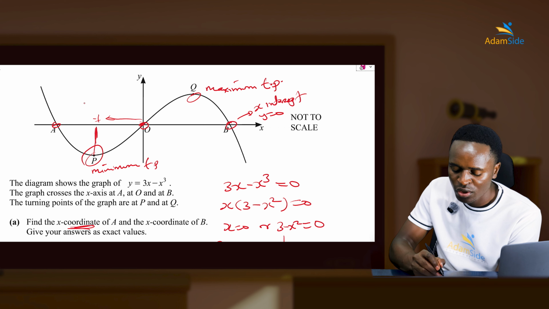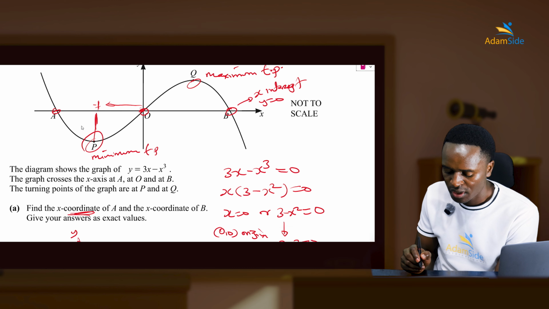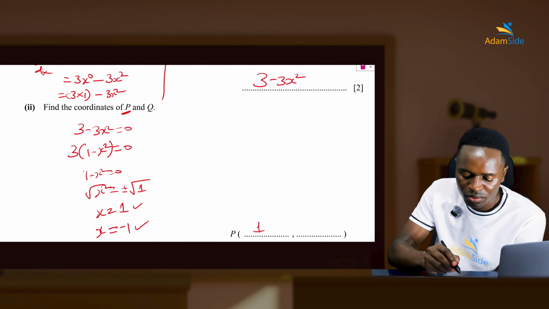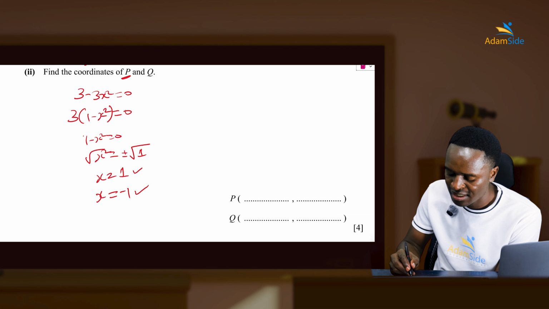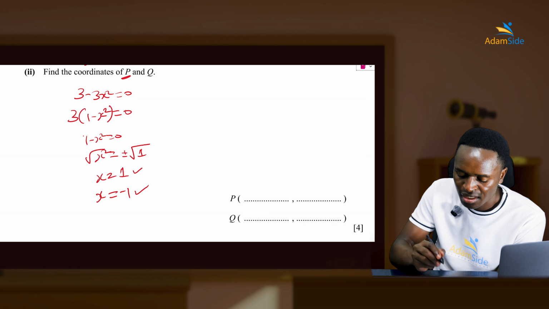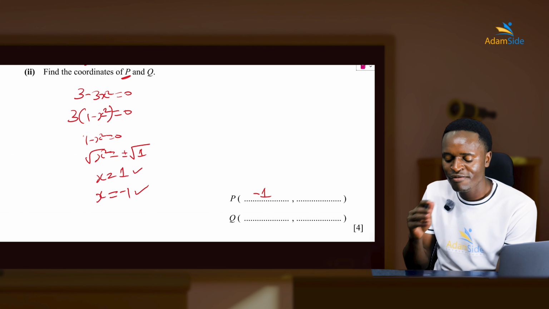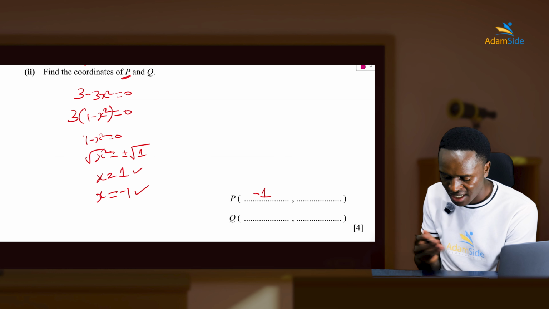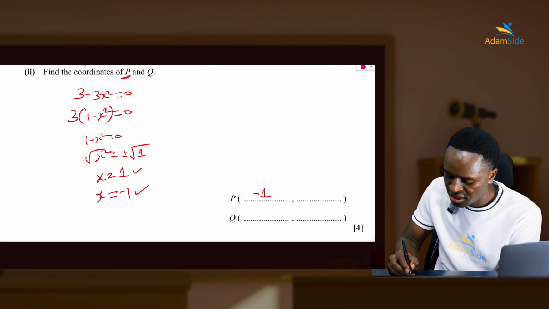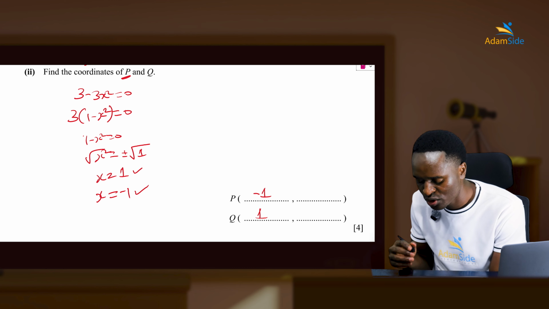That's where the examiner's trick is. And Q will be the value of x above 0, which will be 1.